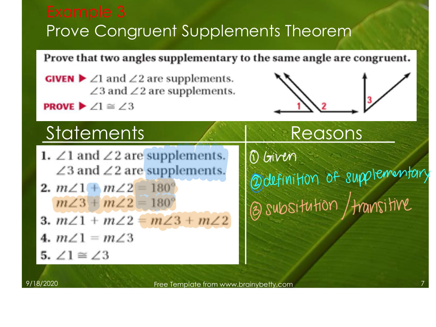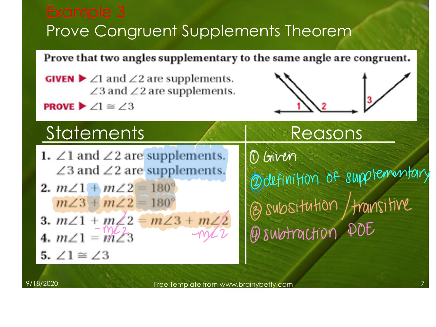I'm getting rid of that angle 2 by subtracting it from both sides. So subtracting the measure of angle 2, subtracting the measure of angle 2. This one's going to be subtraction POE, because I'm doing it to both sides of my equal sign.